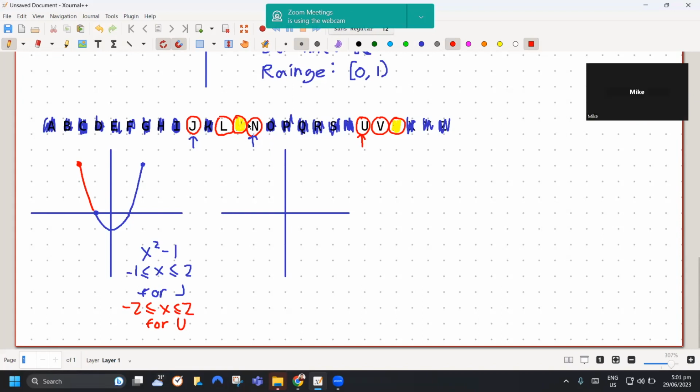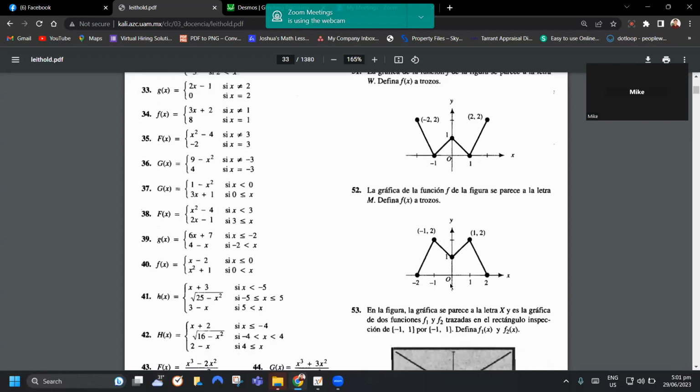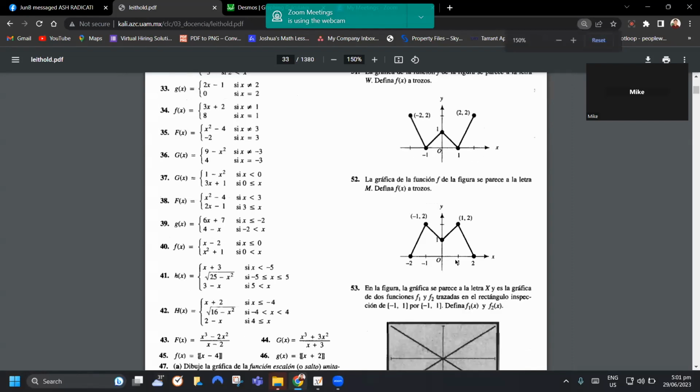Yung N. And, okay. So, pili ka ng tatlong points. 1, 2, 3, 4 points. Kasi piecewise lines yun, di ba?